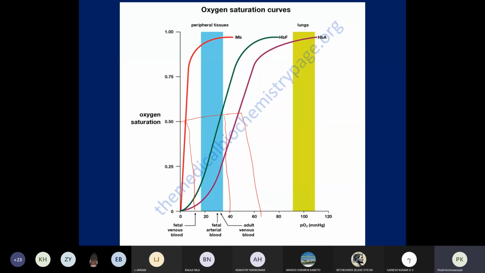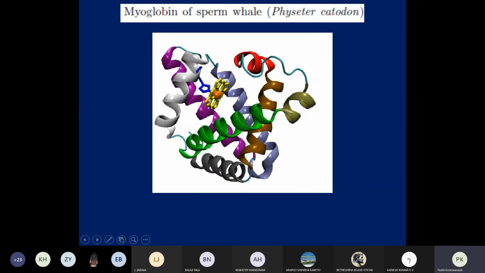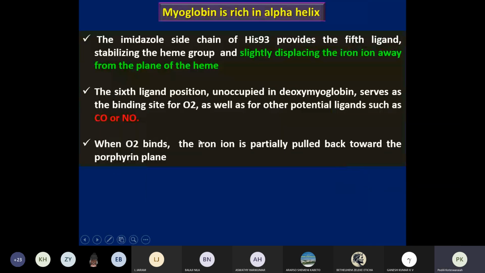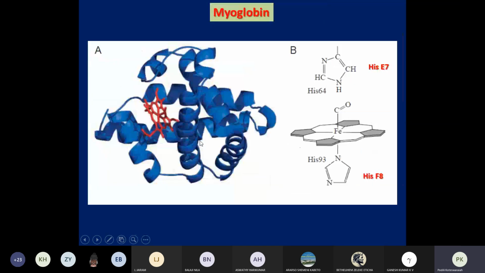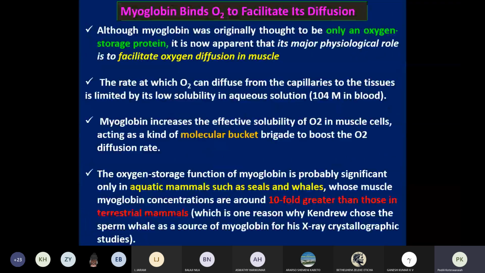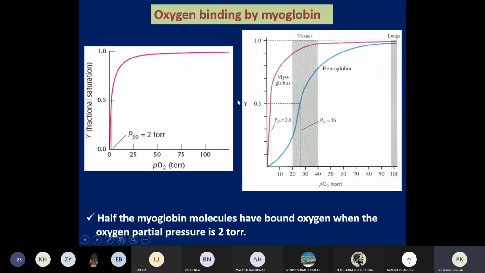So the O2 dissociation curve for myoglobin is hyperbolic, whereas for hemoglobin it is sigmoidal, and myoglobin has a much lower P50 value than hemoglobin. We have already said this in the last class also. So from this, it is very clear that myoglobin has a higher O2 affinity compared to hemoglobin.